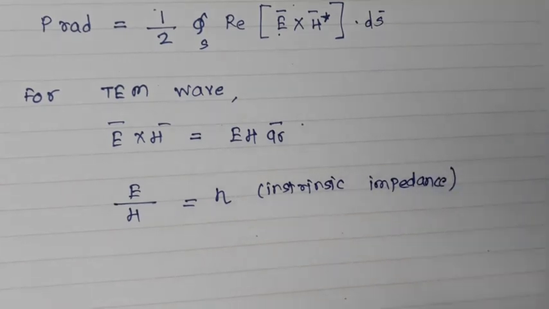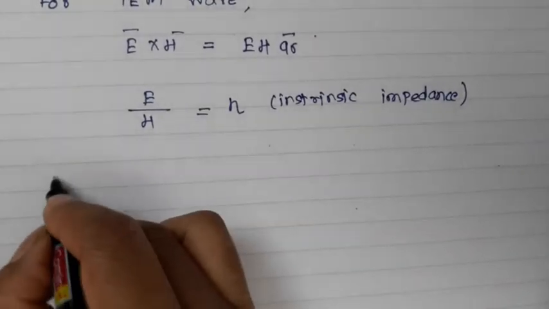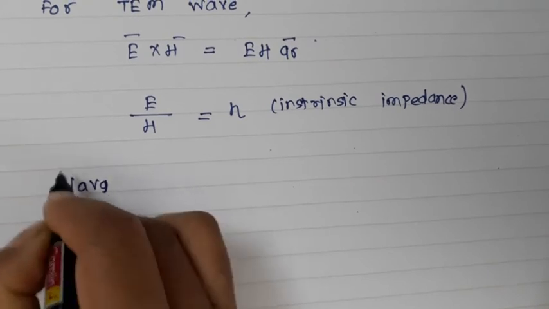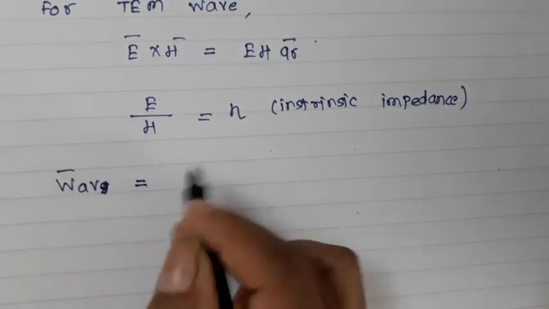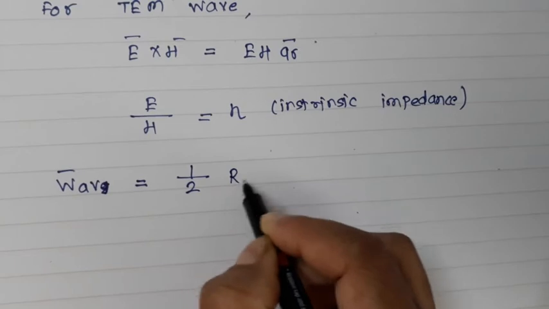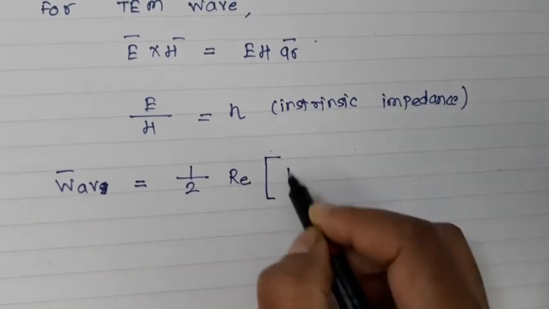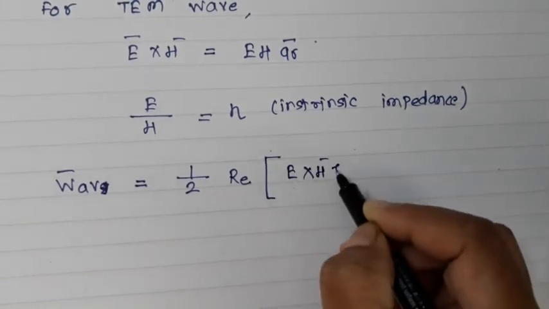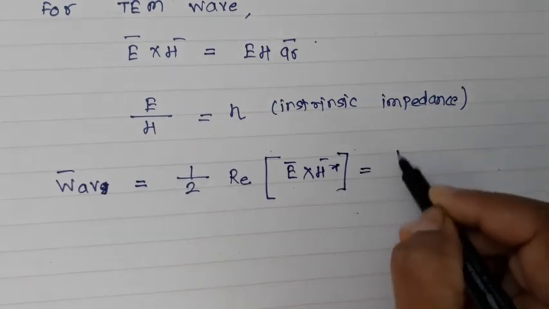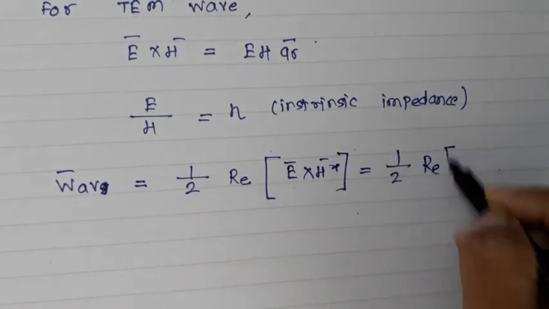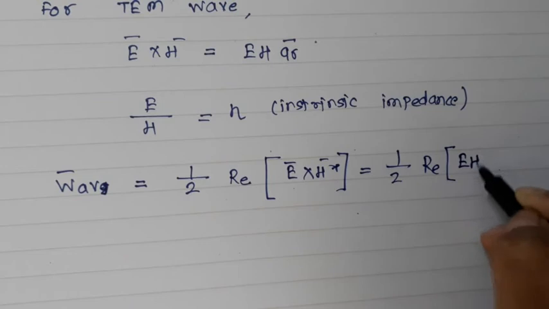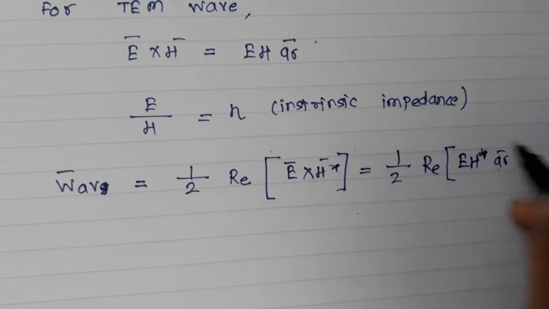So writing W average, denoted W av, this will be 1/2 real part of E cross H complex conjugate, which is 1/2 real part of E H complex a_r.